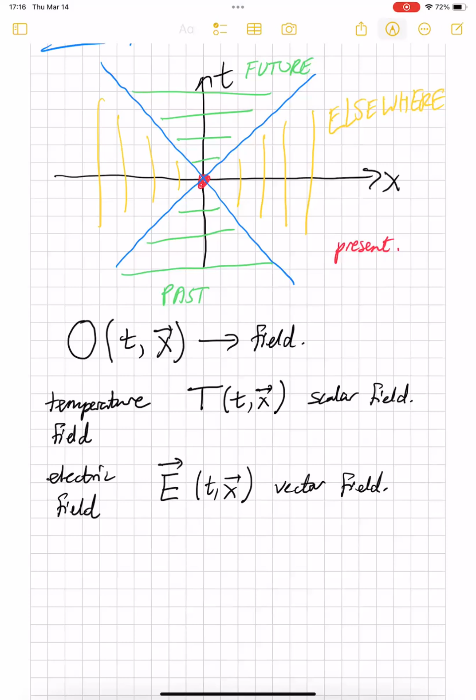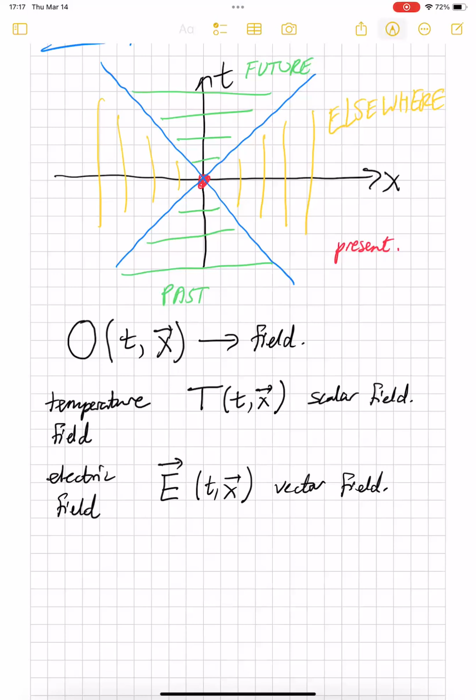And if there's a light inside the room, the value of the electric field will be larger, closer to the light bulb, than if you're further away from the light bulb. So again, the electric field is something that we could measure at all positions inside this room and at all instants in time. And that is an example of a vector field.